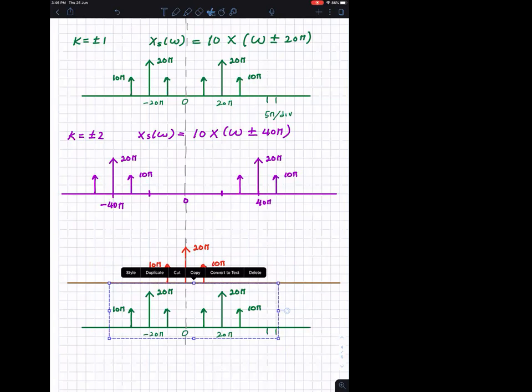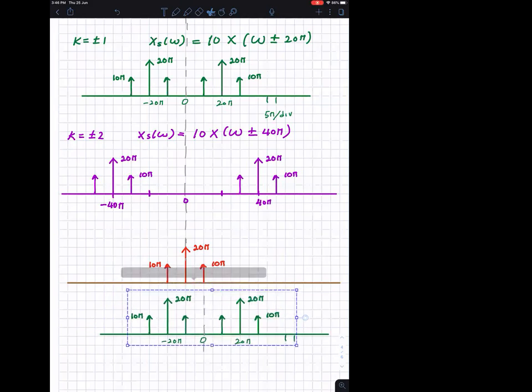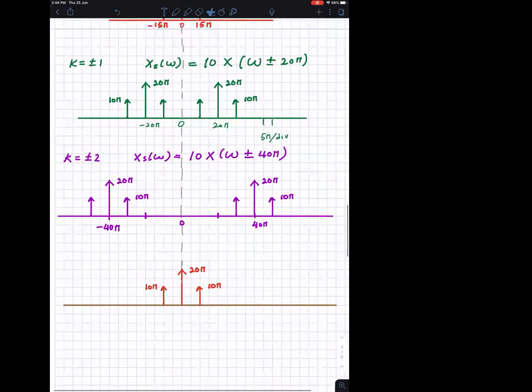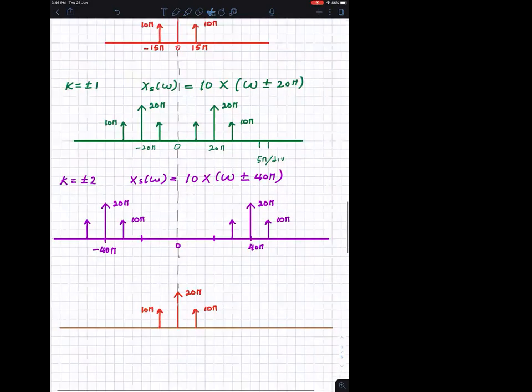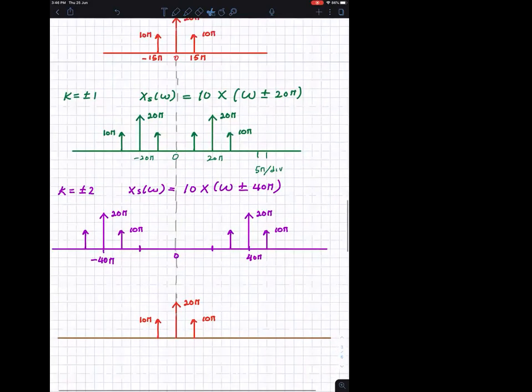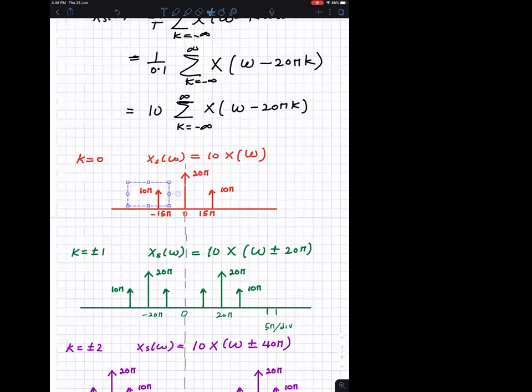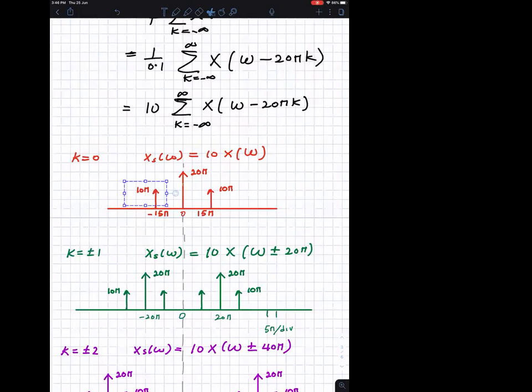Okay, hold on, please. There's a mistake here. I need to fix it. Earlier on, I said it's going to be 5 pi per division, right? So this is 5, 10, 15.